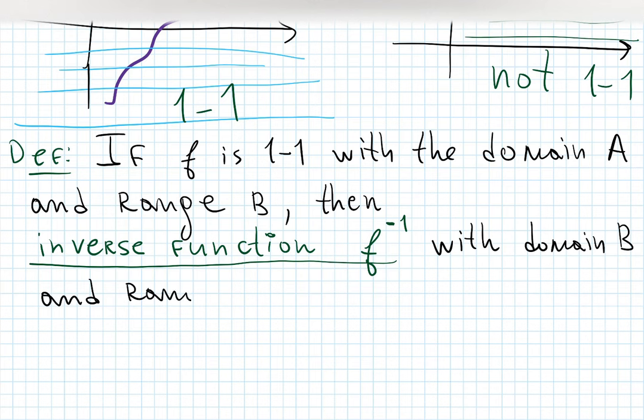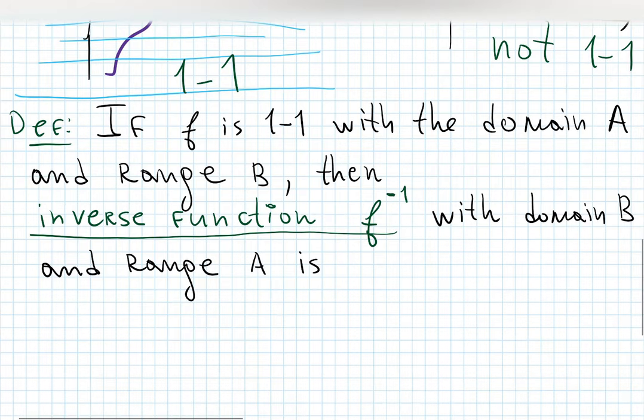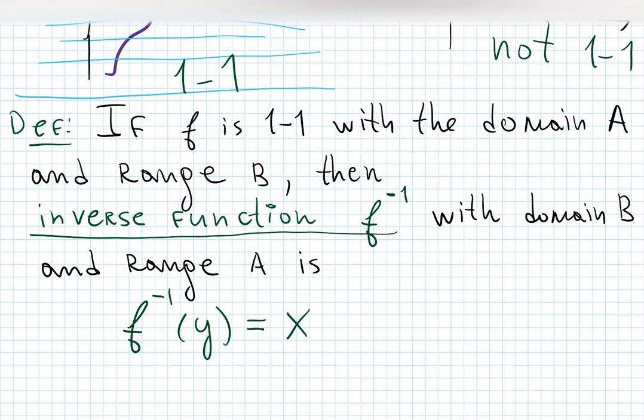And range A. The official definition is, the inverse function is now taking my output and using it as an input, and the original input now will be the result.